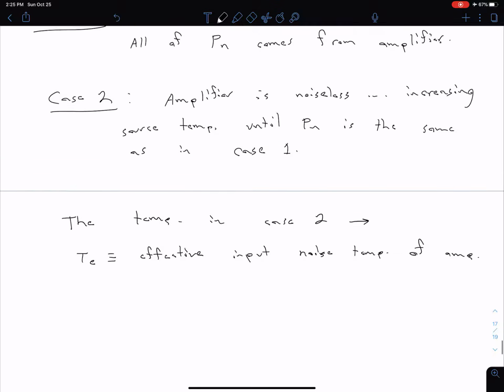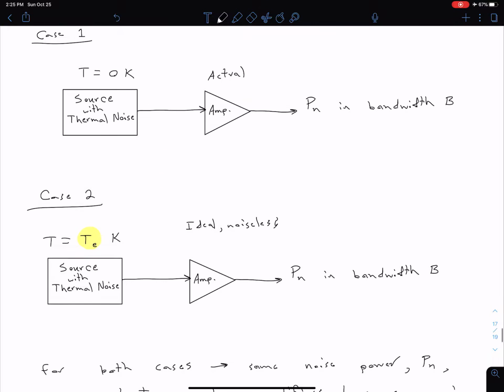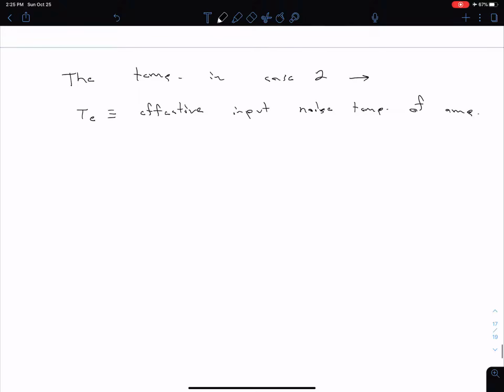What we can see if we think about this is that a higher value of T sub E corresponds to a noisier amplifier in case 1. Let's write that generalization here as a quick reference point: noisier amplifiers correspond to larger effective input temperatures.